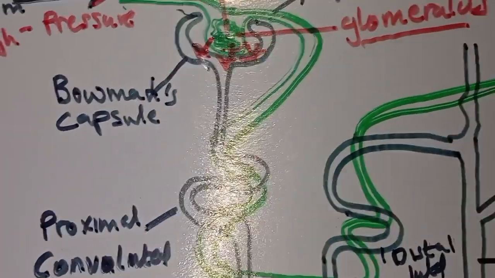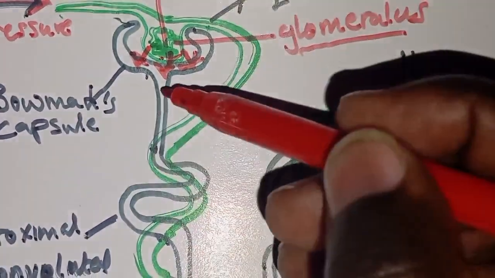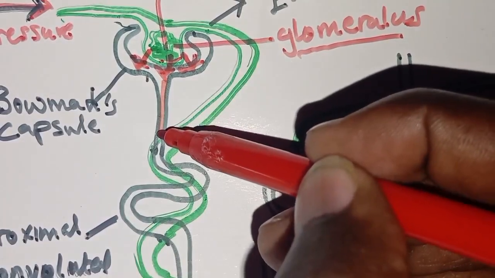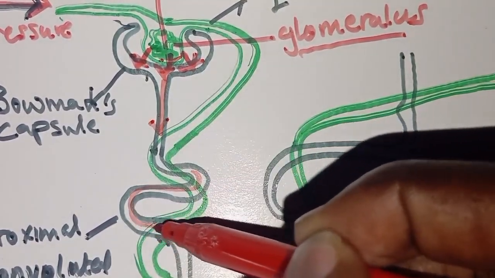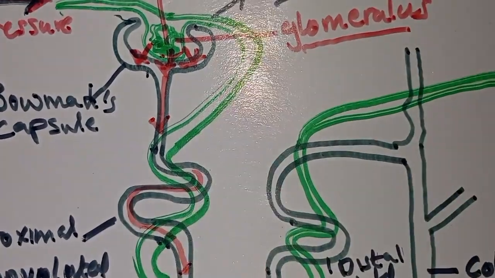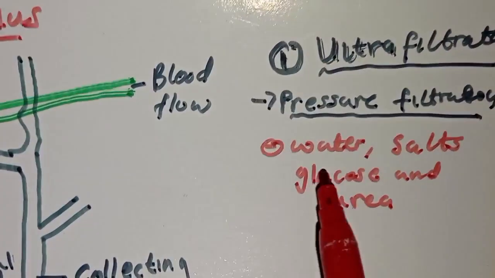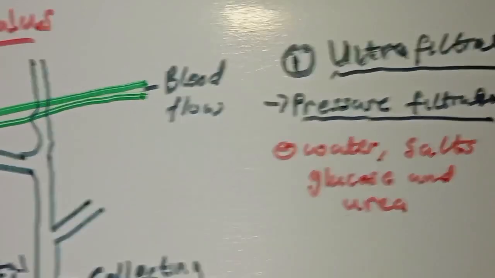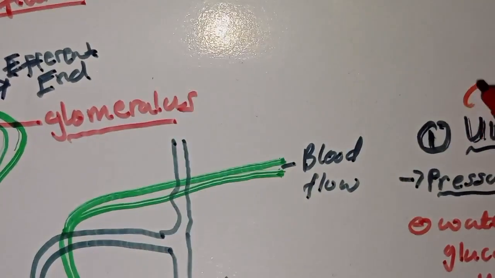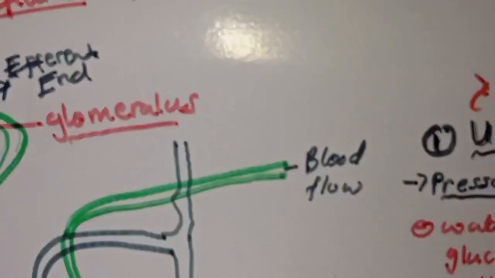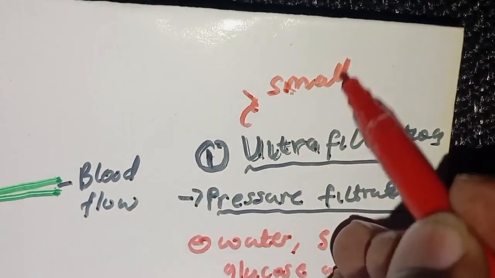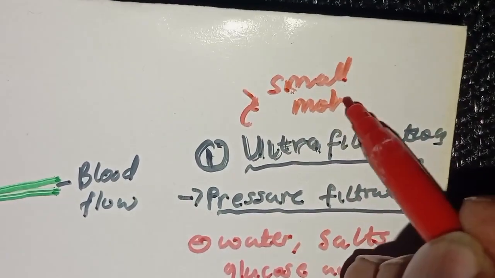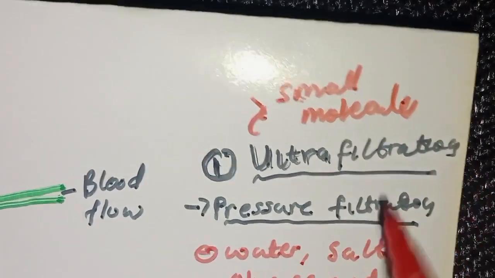So you have these things, they'll start moving in this tube. They are moving like that. What are they? Okay, we said what? Water, salts, glucose, and what? Urea. But remember here we are trying to keep it simple. We said only small molecules are filtered, okay.